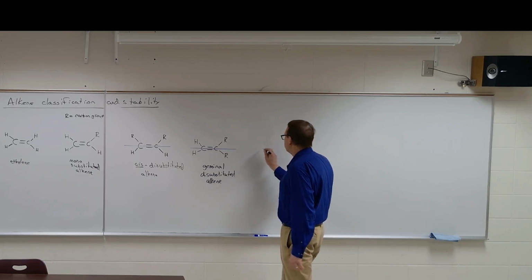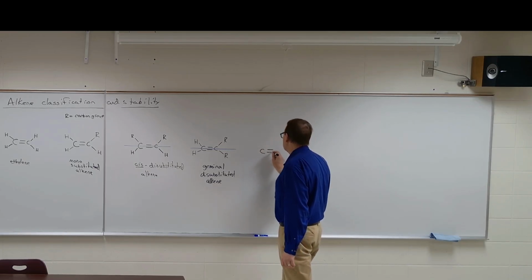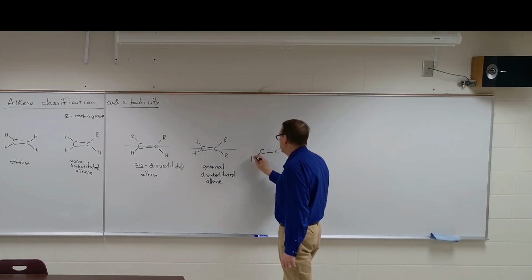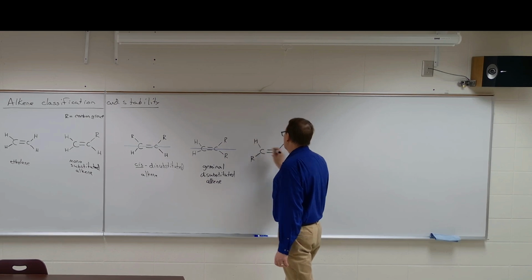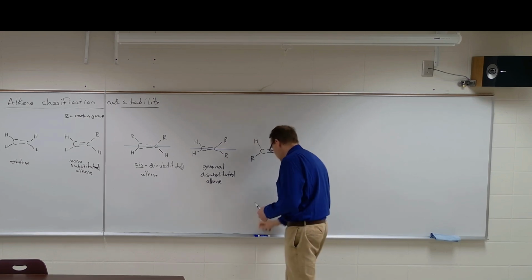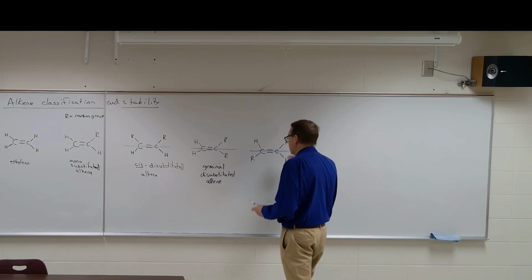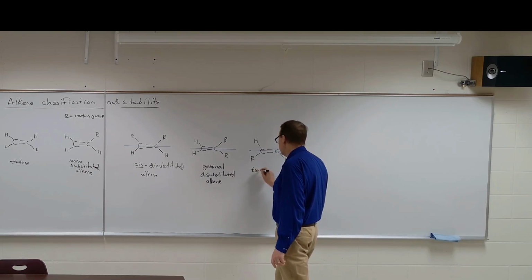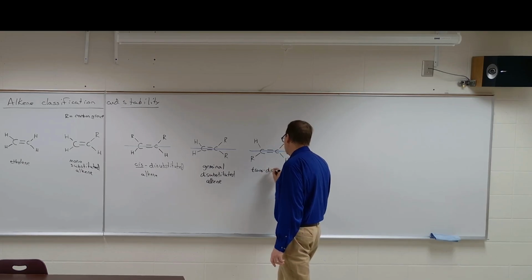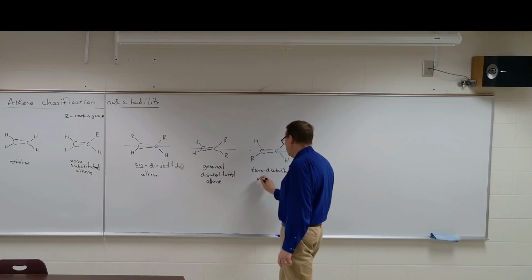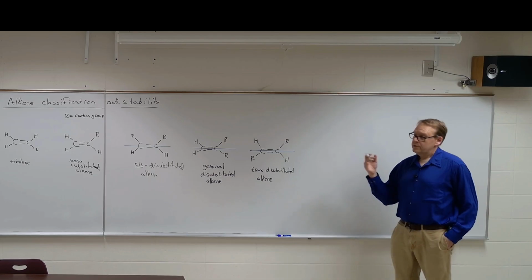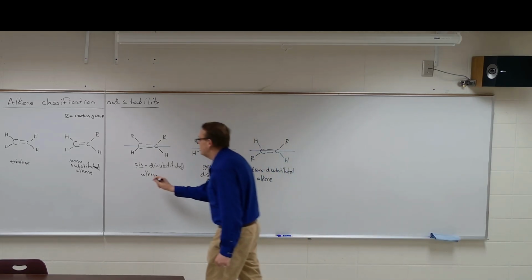Then the other way to do a disubstituted alkene is to have the 2 groups on opposite or different carbons, but have them on opposite sides of the blue line that I'm drawing here. So this is trans disubstituted alkene. So these are all the different ways to do disubstituted.